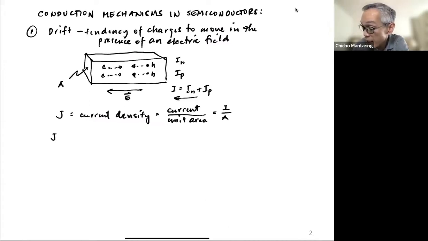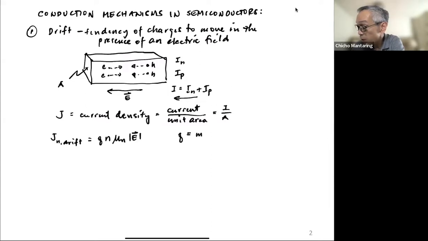This is a drift current. I have J_N due to drift. This is the current density due to the drift of electrons. Okay, this is going to be q n mu_n times the magnitude of my electric field, no? Where q is the magnitude of the electronic charge.